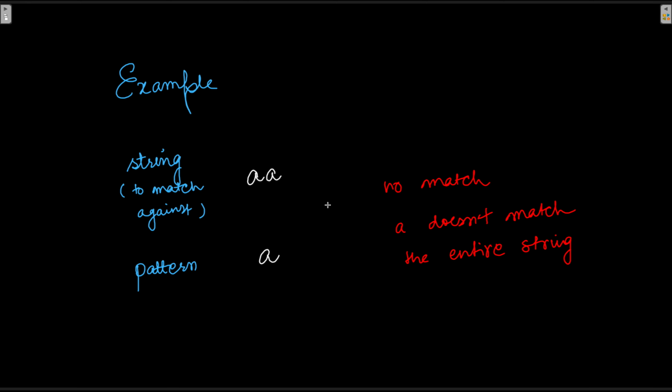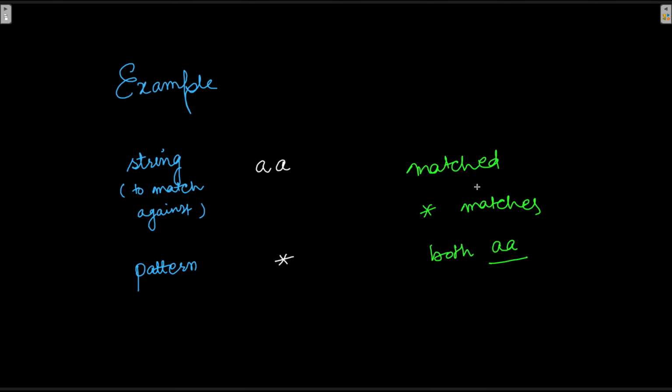Let us take some examples. For example, AA is matched against A here. The number of characters here is not the same, and there is no wildcard as well. So there is no match. Second example, we have AA here and it is matched against the pattern asterisk.